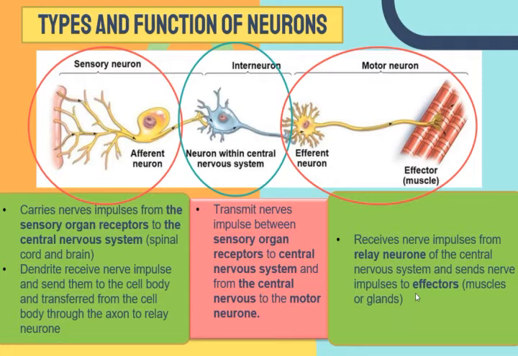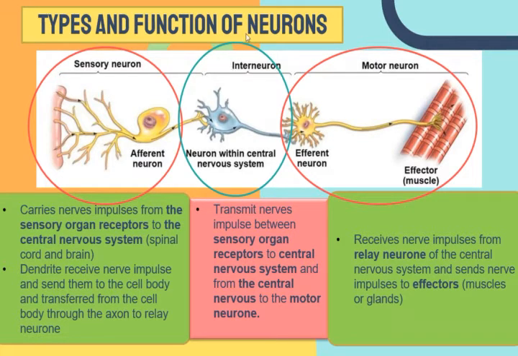Make sure you know the three types of neurons: sensory neuron, interneuron, and motor neuron. The sensory neuron carries nerve impulses from the receptors or sensory organ to the central nervous system.